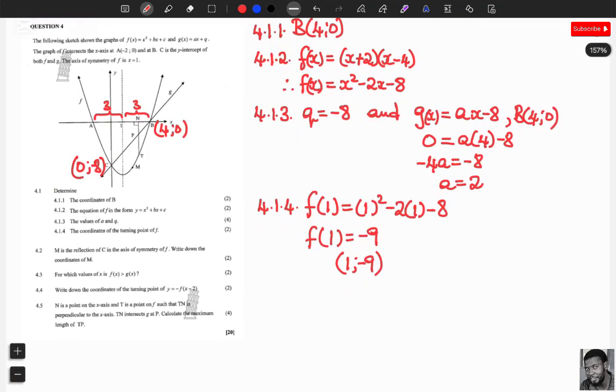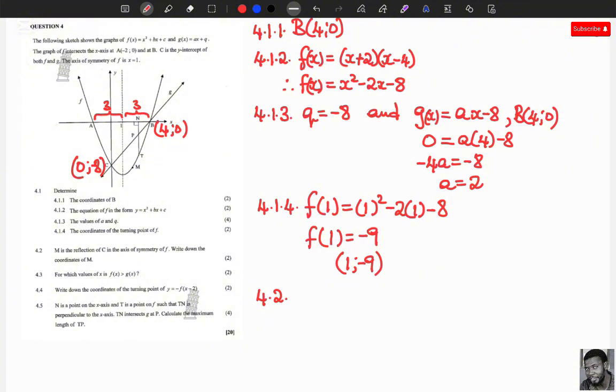Let's move on and write 4.2. They say M is the reflection of C in the axis of symmetry of f.